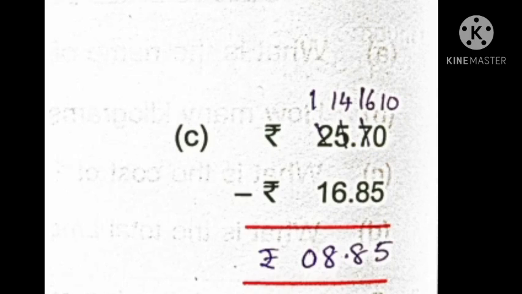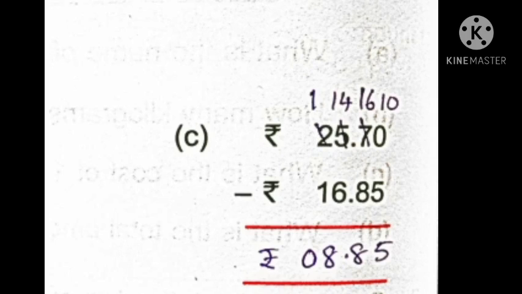We cannot separate 8 from 6. So we have to borrow from 5. This 6 becomes 16. 16 minus 8 is 8. This dot remains in the same column. Next, we cannot separate 6 from 4. From 2 we have to borrow. This 4 becomes 14. 14 minus 6 is 8.